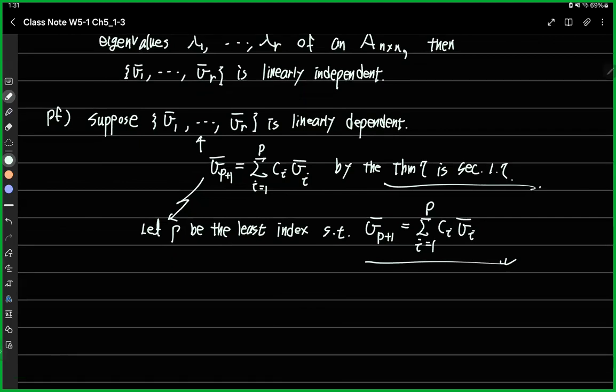So then there exist scalars c1 through cp such that v(p+1) is equal to the sum. This is just optional.